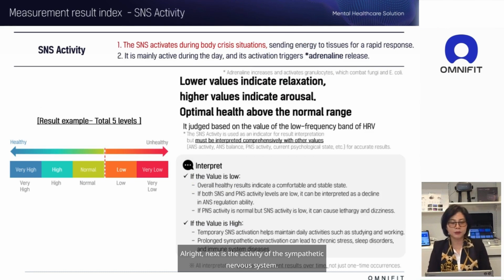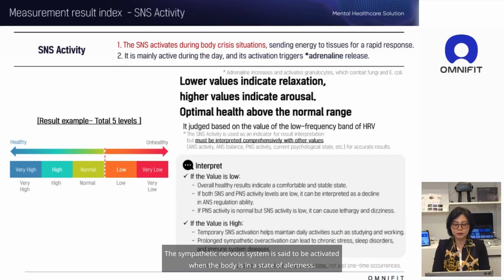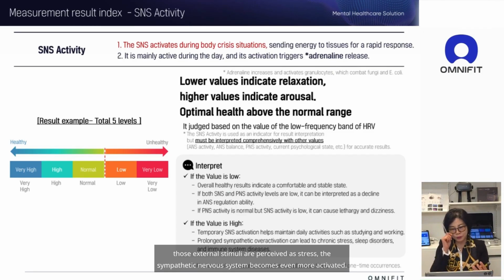All right, next is the activity of the sympathetic nervous system. The sympathetic nervous system is said to be activated when the body is in a state of alertness. As I mentioned earlier, when external stimuli make us uncomfortable, we become even more tense, and when those external stimuli are perceived as stress, the sympathetic nervous system becomes even more activated.